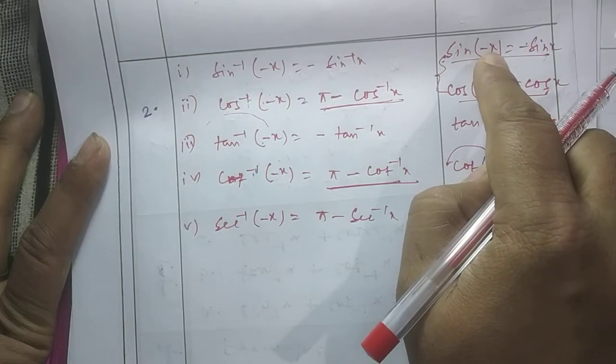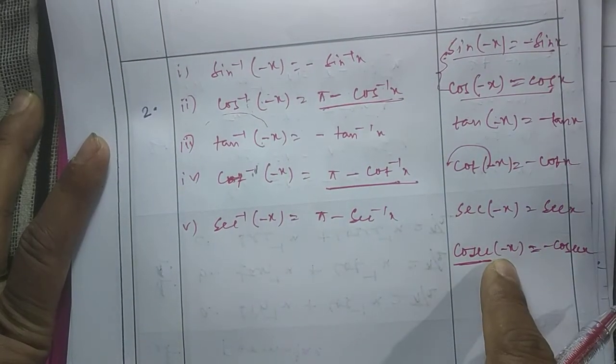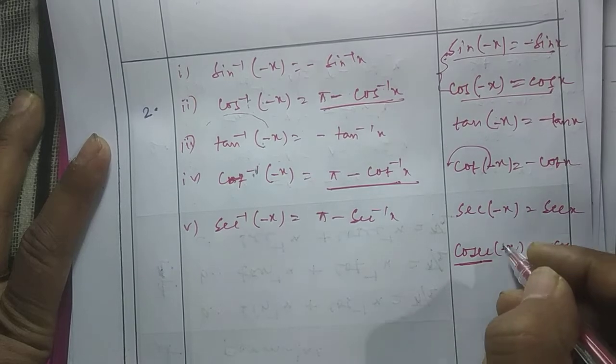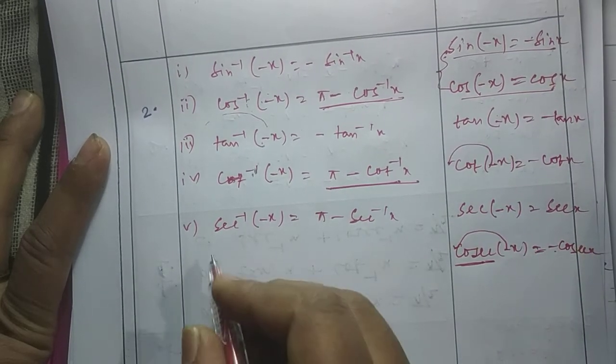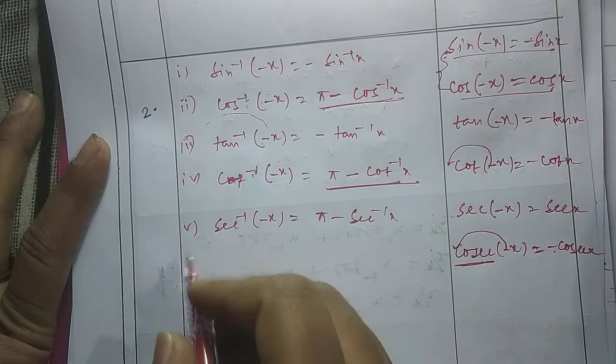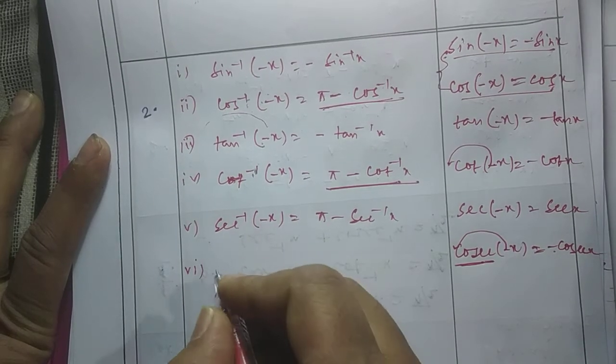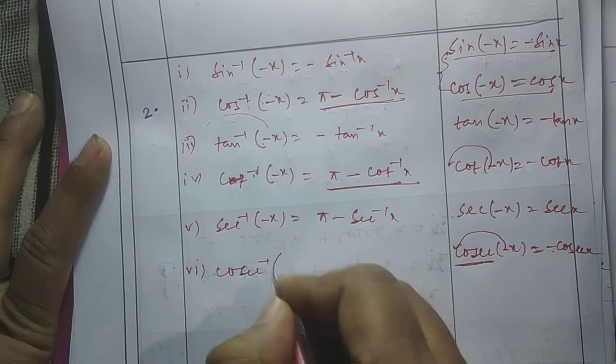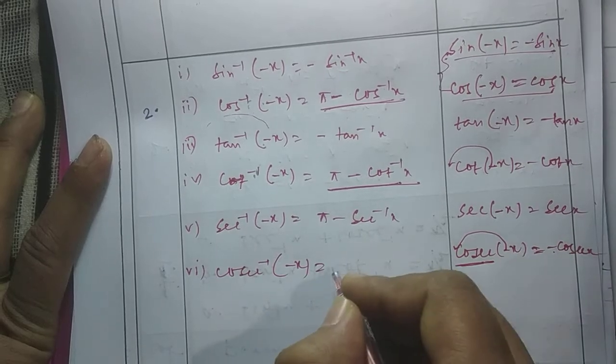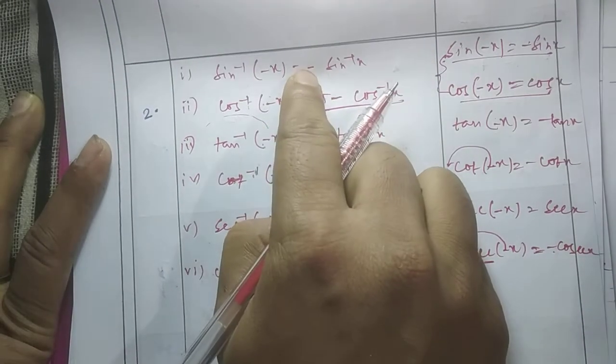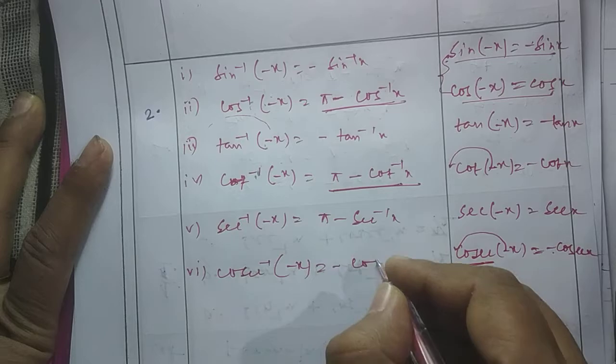Here minus was affecting, so here minus will also be affecting, that's why minus will come out to the outside. Now let us see what is happening here. Similarly, cosec inverse of minus x will be minus cosec inverse x, where minus comes out to the outside like sine.